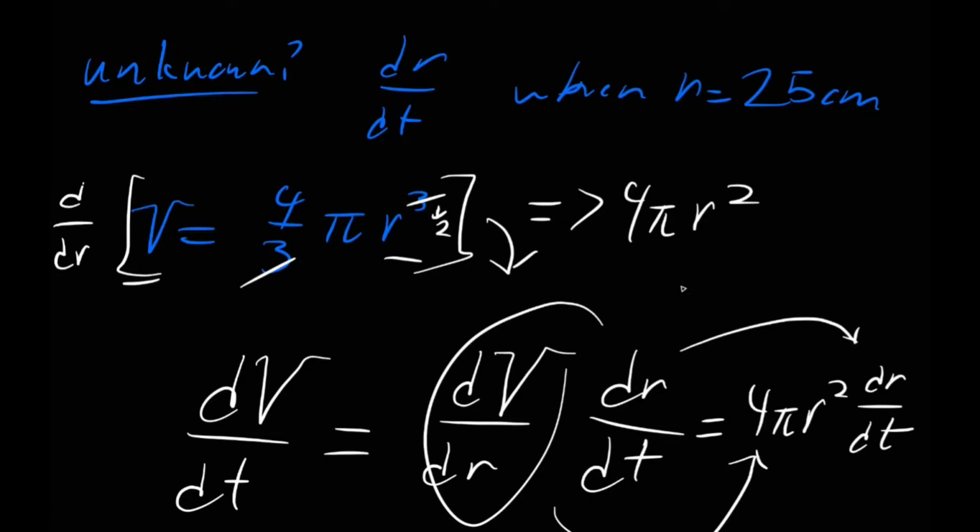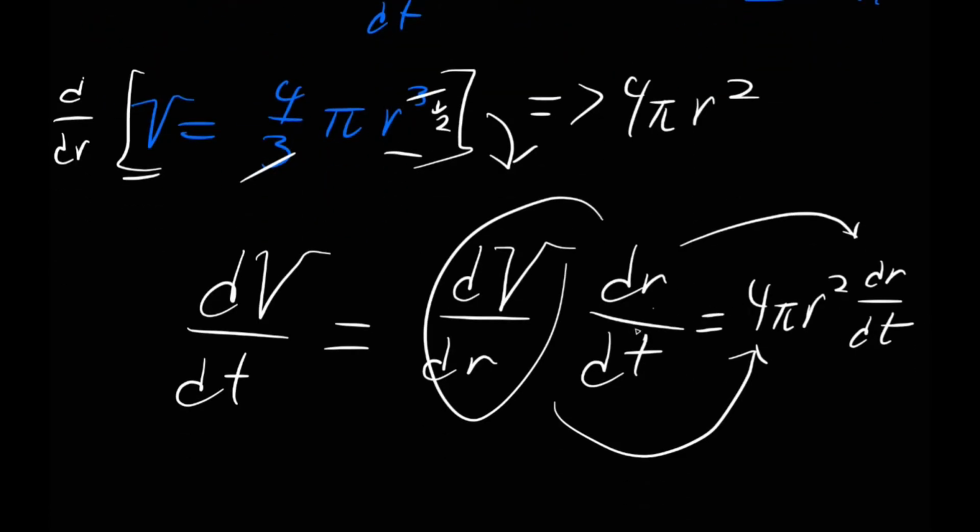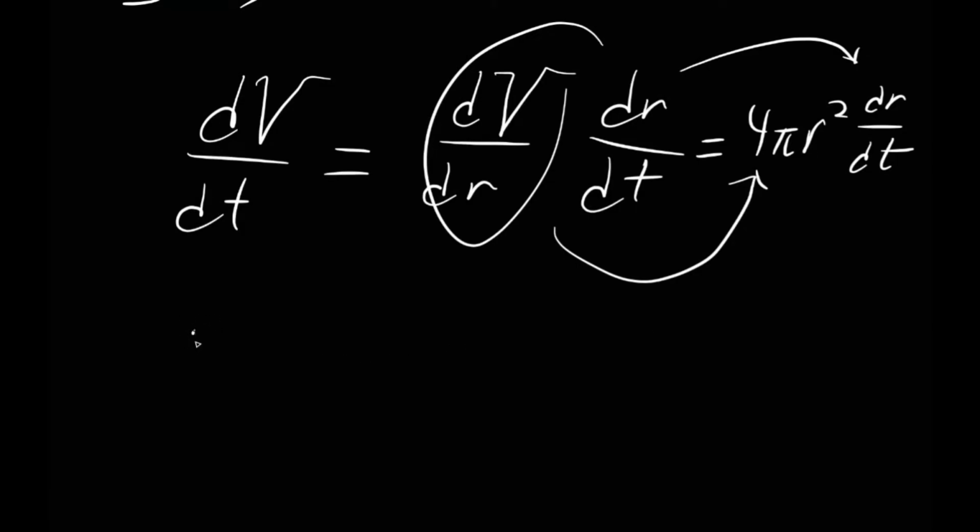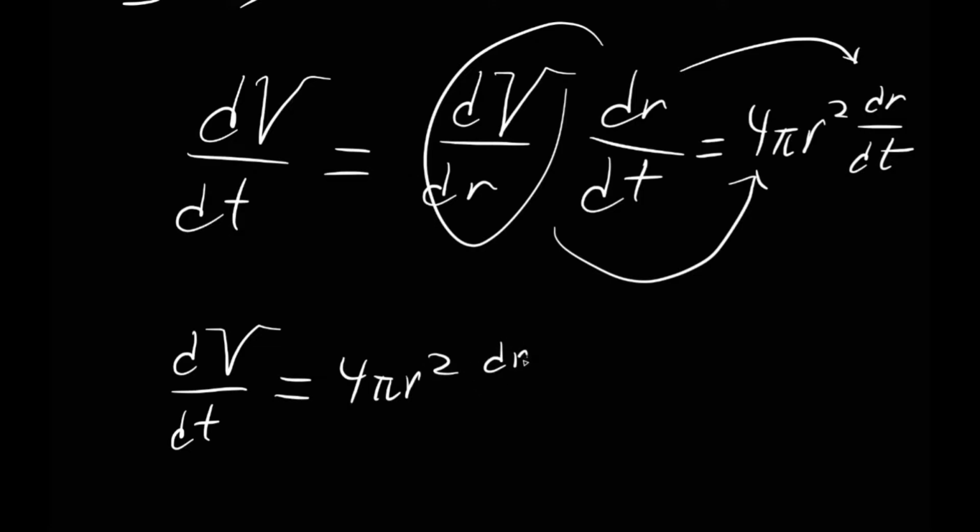Just connect those two things. Remember, this is the same thing as this. And then we have our dr dt, so that way we're able to basically say, in a more simplified form, without all the lines and everything, dv dt is equal to 4 pi r squared dr dt.